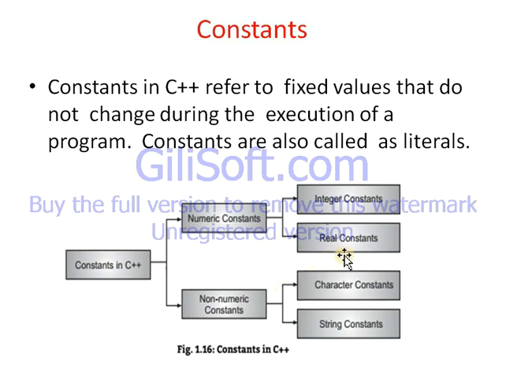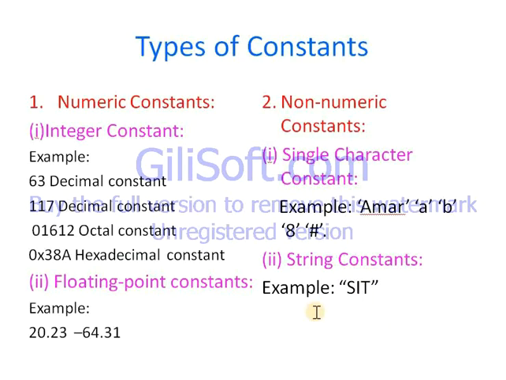And non-numeric constant is divided into two types: character constant and string constant. Now the examples of constants. The numeric constant is divided into two types, integer constant and floating point constant.